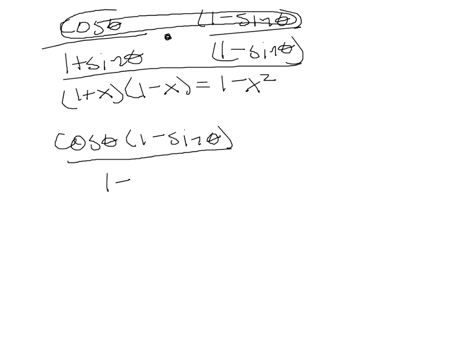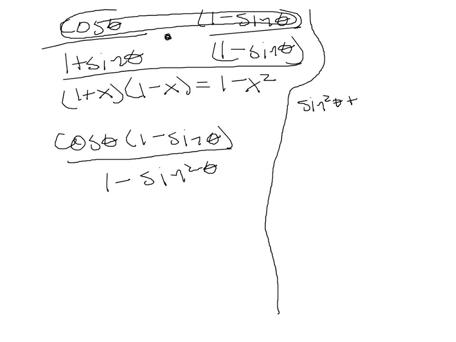So I get 1 minus sine squared. Now, if you look at your formula sheet, you see that you have the identity sine squared plus cosine squared equals 1. Now, when you have the formulas, the identities on the sheet, those identities are established.